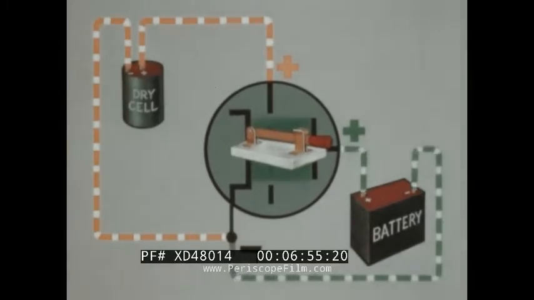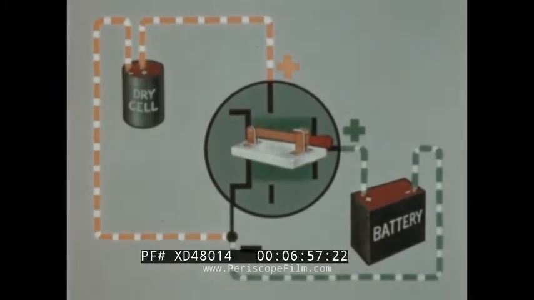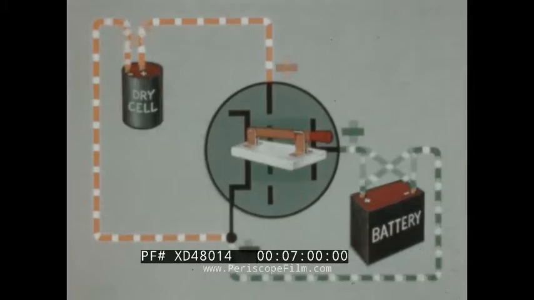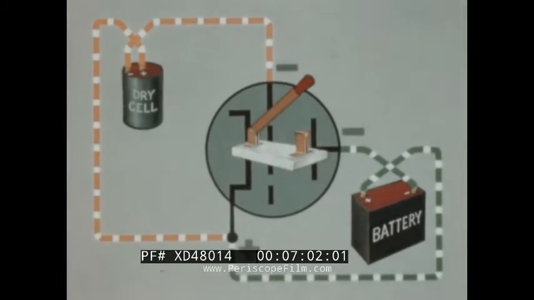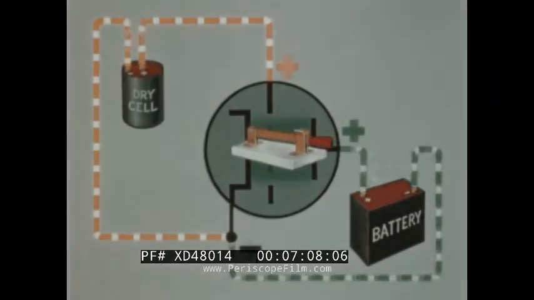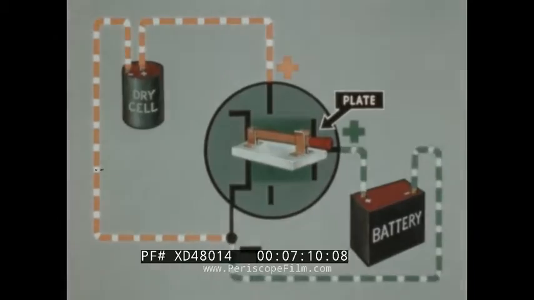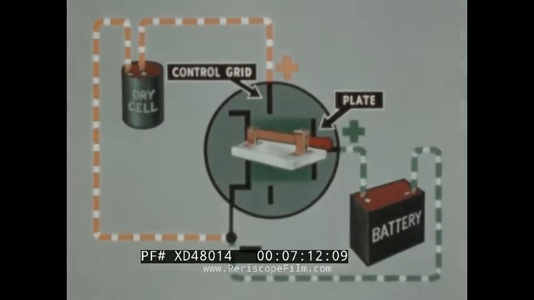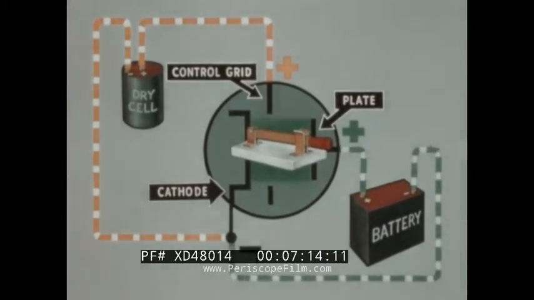Any other combination of polarities will cause the tube to act, in effect, as an open switch. No current flows. However, we have seen that current will flow when the plate is positive, the grid positive, and the cathode negative.